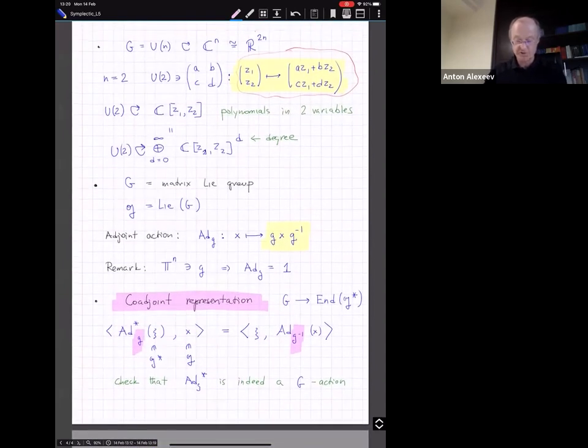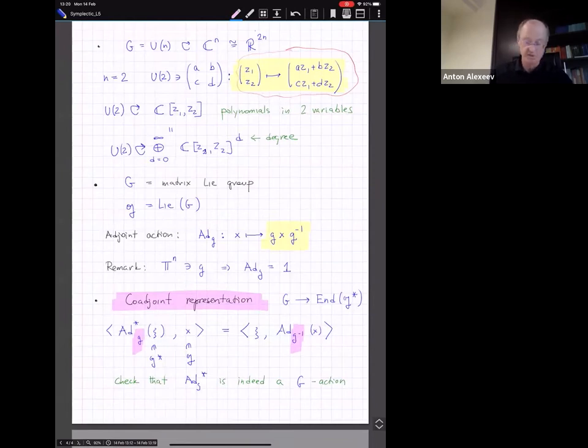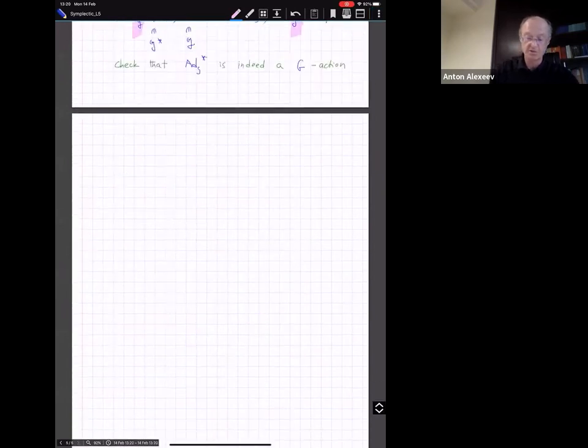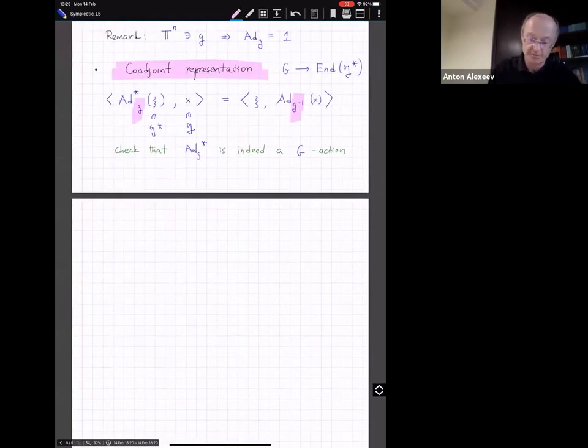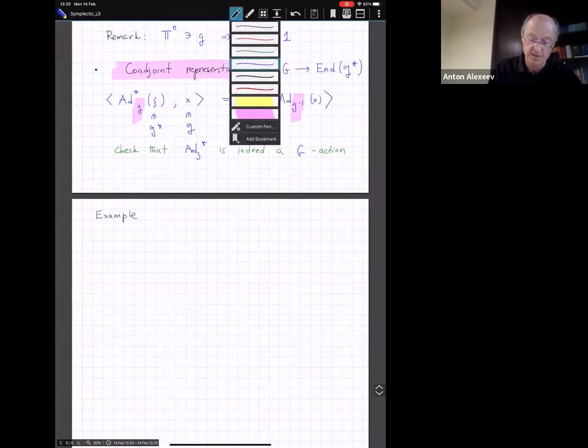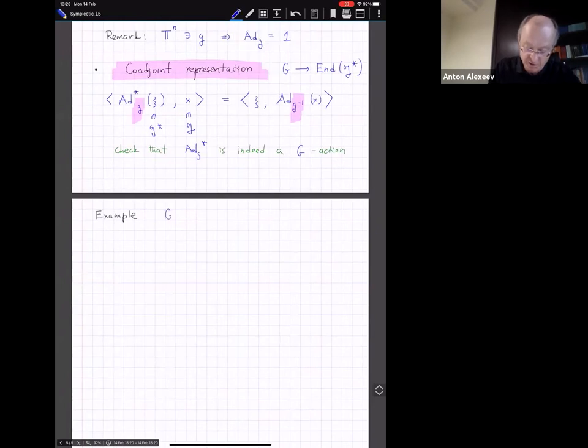All right, so this coadjoint representation is now prepared in our course. We know what it is, and it will play a big role later on. Maybe already now I want to mention this simple example. Again, let's say that G is equal to Un.